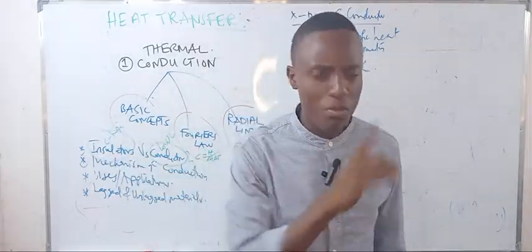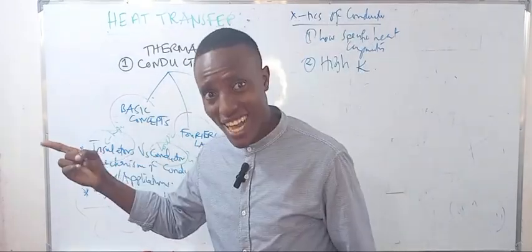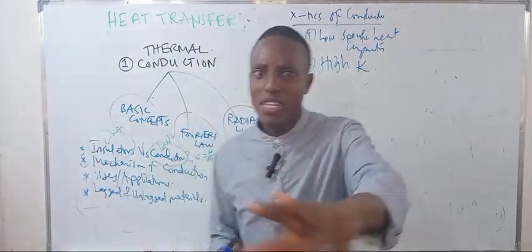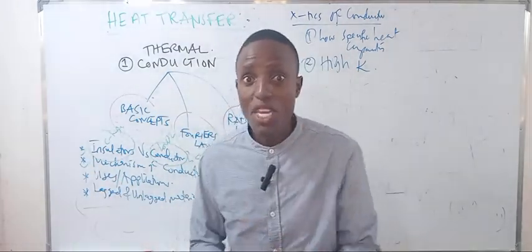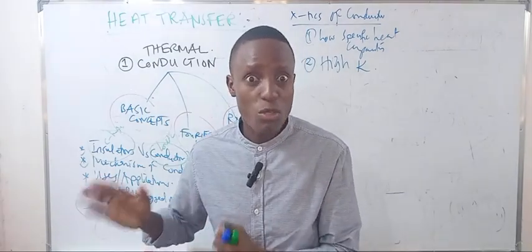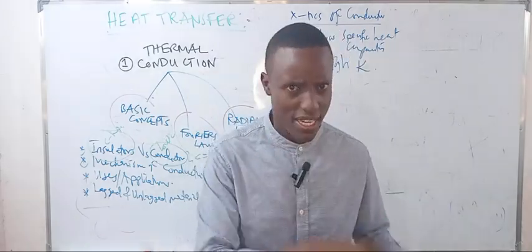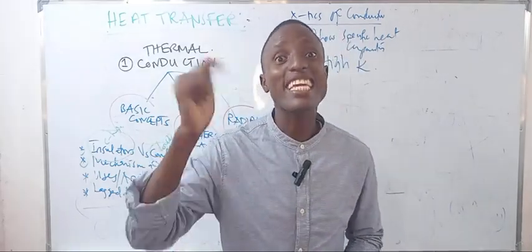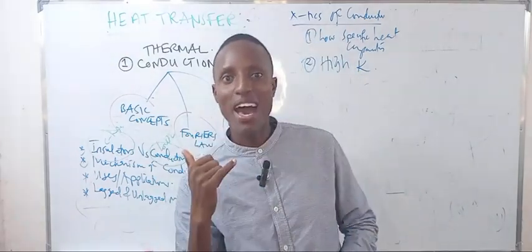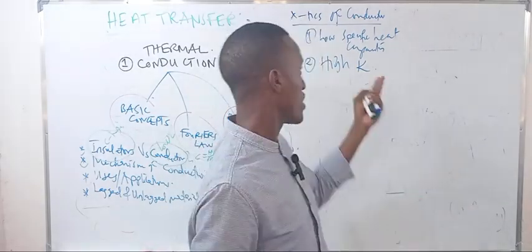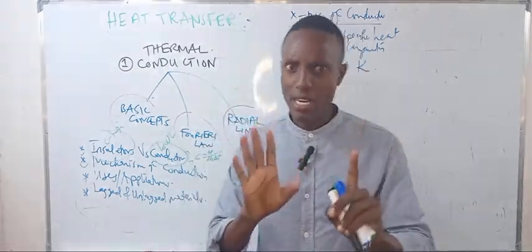It always flows from the hot junction to the cold junction. And if it occurs in reverse, we must apply energy to reverse the path, for example in refrigerators. We'll talk about them in convection, but let me pause on that.